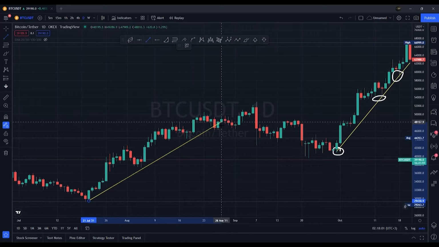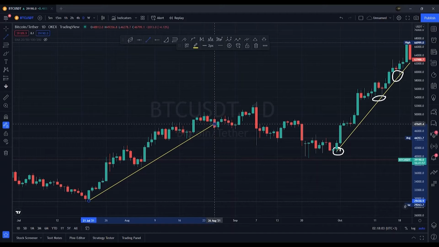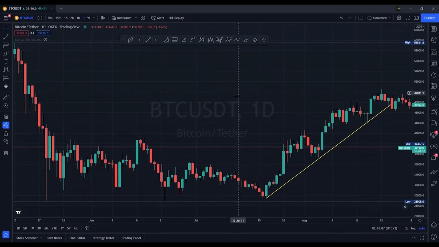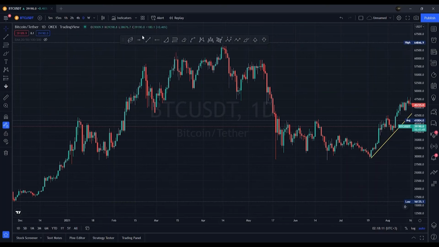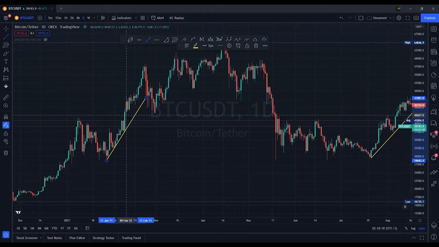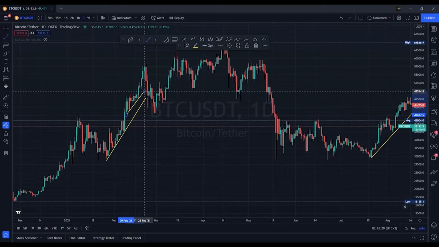Let's see this one. This one is also an uptrend line, and let's make this small. This one also is another one. This one is an uptrend. This is another uptrend.